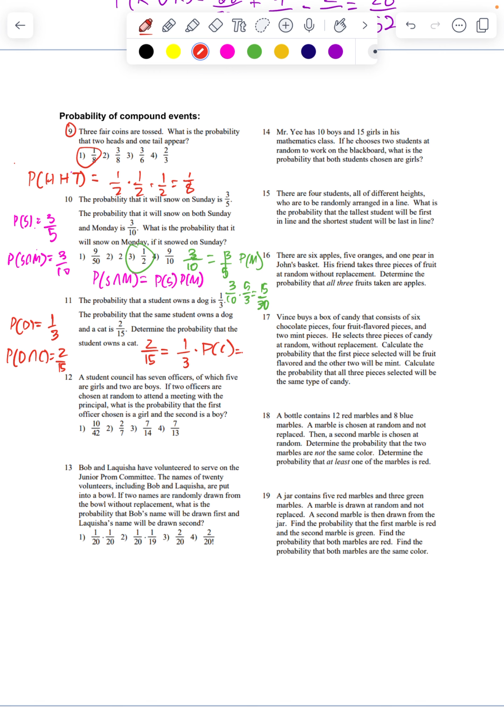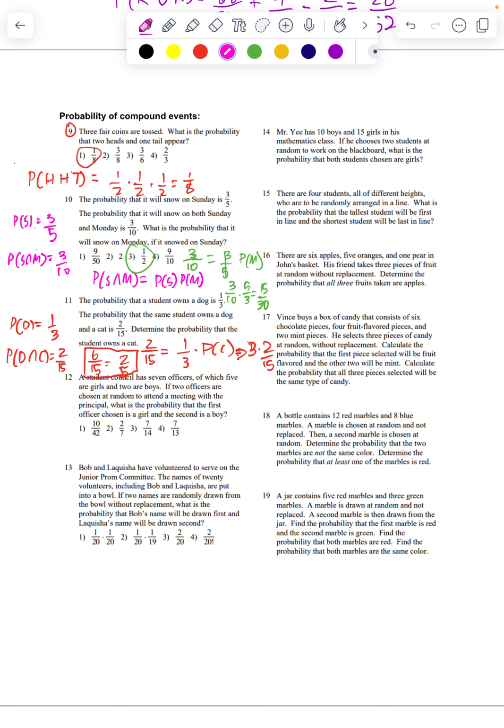So that's going to be 3 times 2 over 15, which is 6 over 15. And that's my answer. I can reduce this to 2 out of 5. All right, let's take a look at the next example.